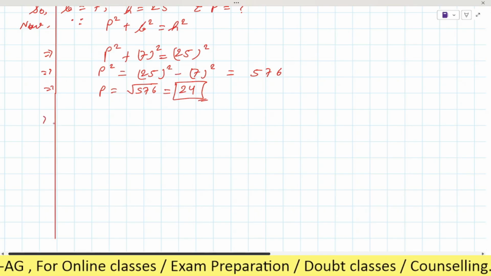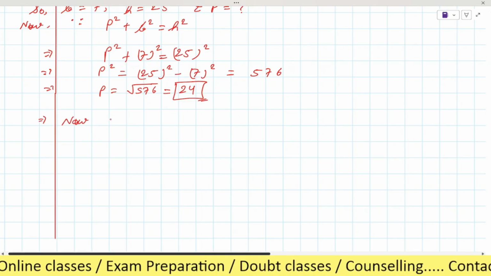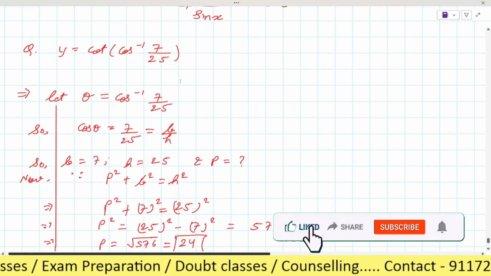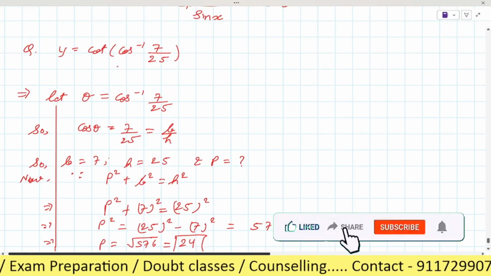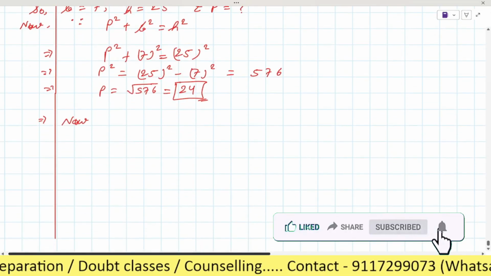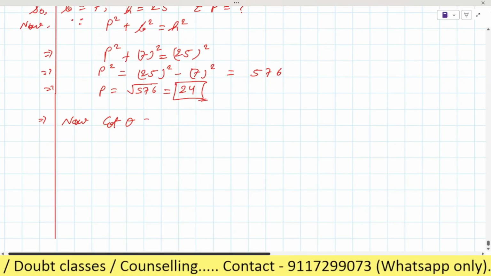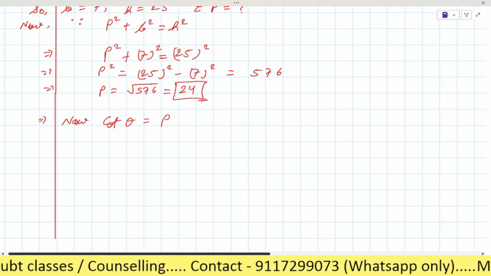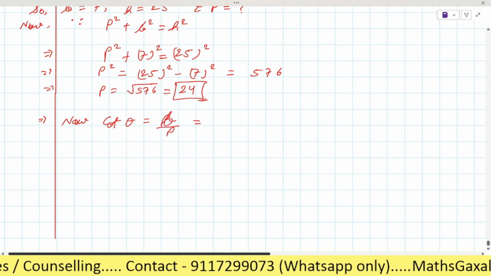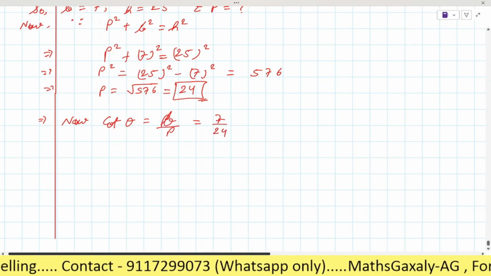So now here, the cot will be, as in the question it is given cot in bracket, so make it as theta. So here we can say that cot theta, as we know that cot theta is b by p, so it will be 7 by 24.